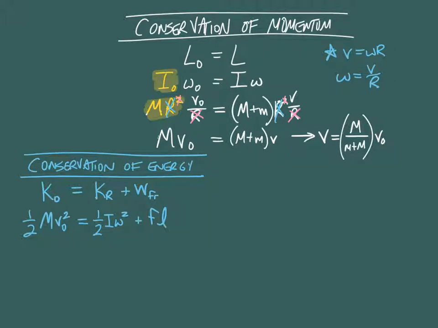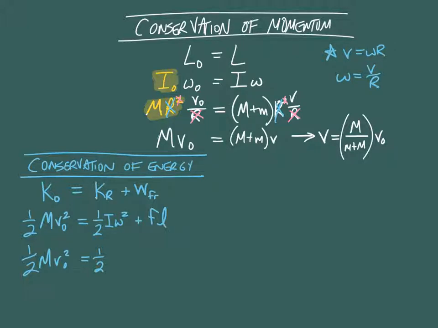So we're going to leave this left initial kinetic energy alone. What is I, the rotational inertia of the skater-ring mess?